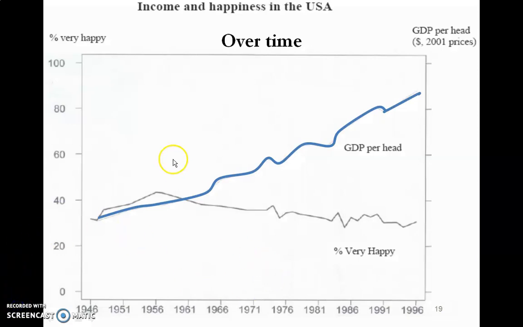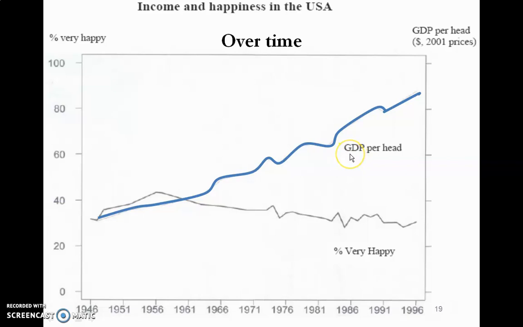Well, if we look at the relationship between income and happiness in one country, like the US, for example, over a period of time, it would appear that as GDP per head increased, the proportion of people who said they were very happy seemed to decrease. Okay, so this is a very crude measurement. Because we're dealing with GDP per head, it doesn't give us too much information because we're not sure how this GDP is distributed.